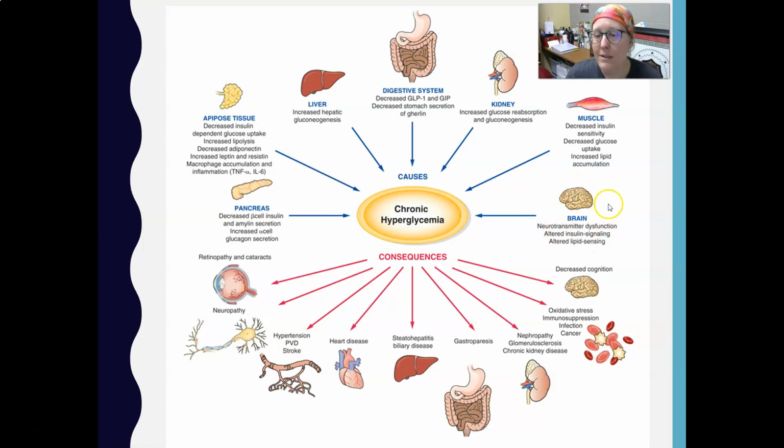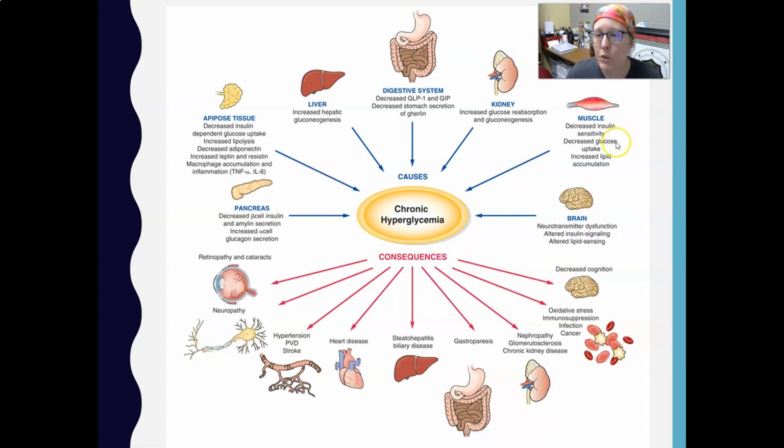This is really interesting: your body is always taking inventory of the amount of fat that you have, and if that signaling is disrupted, which they're saying happens in a lot of people with chronic hyperglycemia, then even though you could be 100 pounds overweight, your body thinks that you're starving and underweight, that you have no fat storage and need to eat more. That drives the behavior of eating.